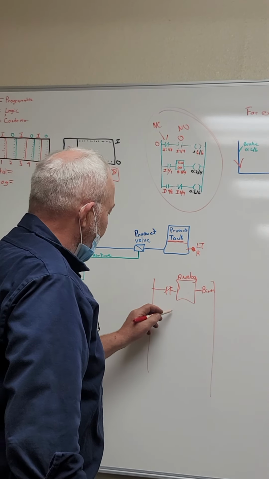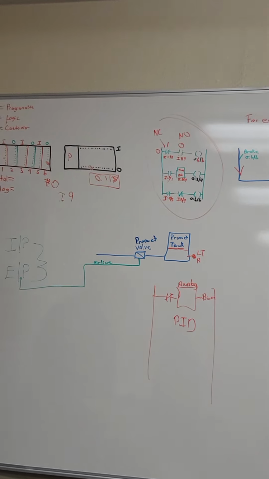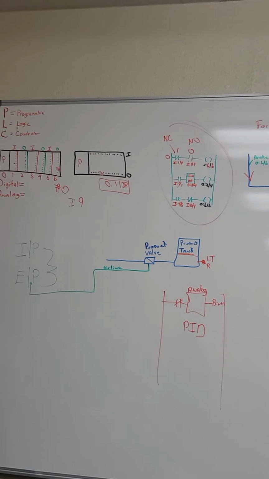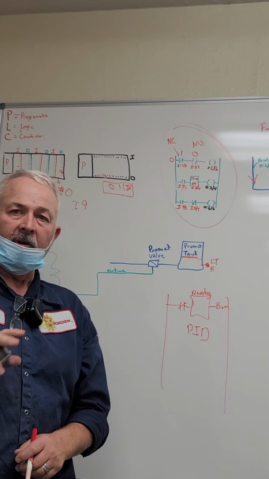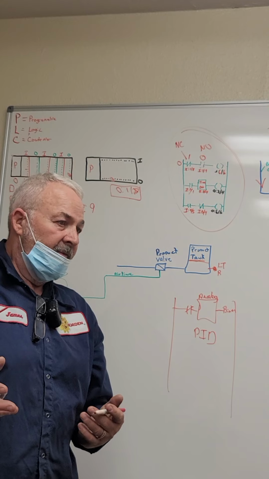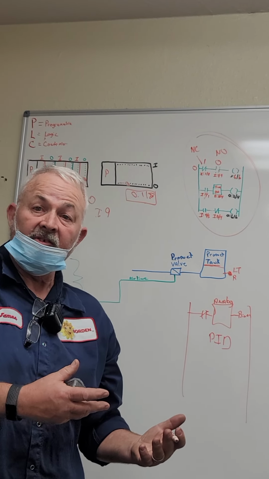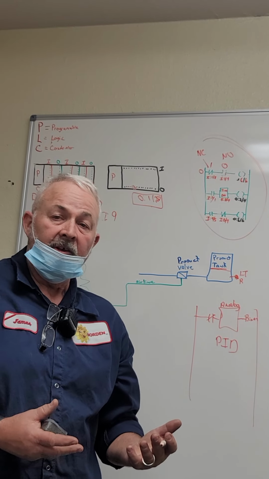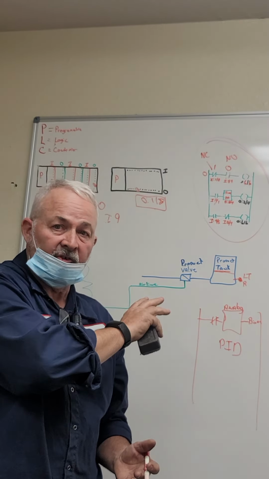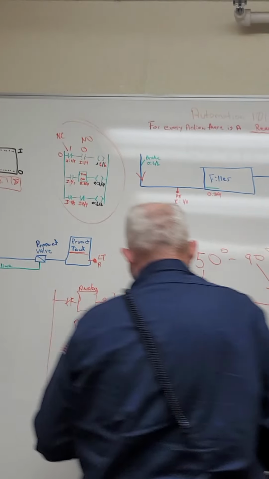You're going to have set points, and a PID: proportional, integral, and derivative. Don't worry about what they stand for because y'all won't ever use it. If y'all go to a class to learn PLCs, then yes, you'll use PIDs. But here, we have them all over, on the N8s, especially in pasteurizing.